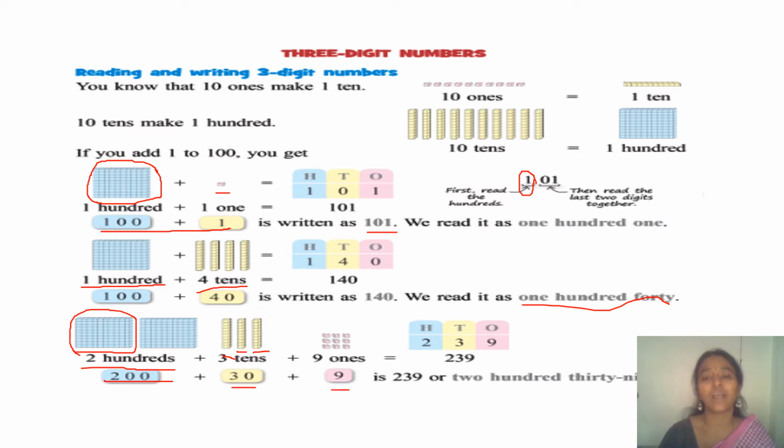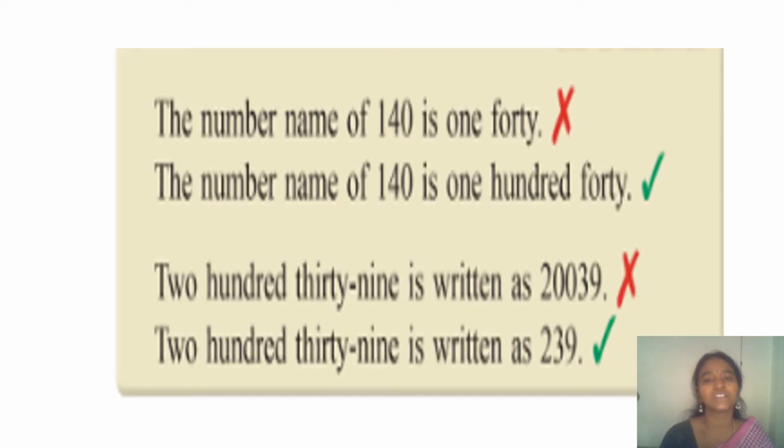So in total, how will you write this? 239. Under hundreds 2, under tens 3 and under ones 9. So you will read this as 239.